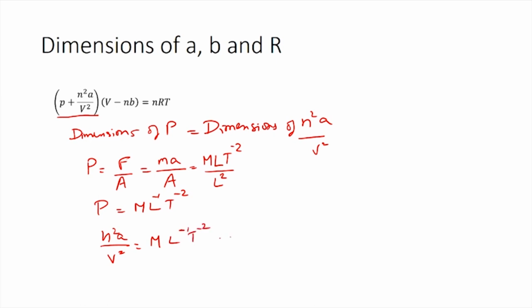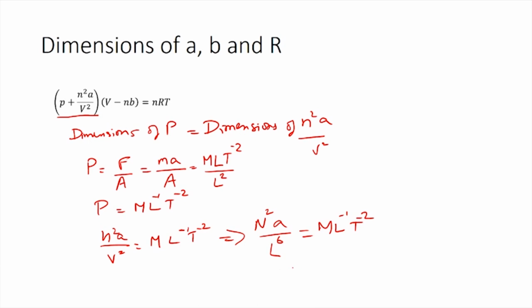V being volume, we know that the dimensions of the denominator here would be L power 6, which is L cube squared. n squared is basically the square of the amount of substance. So, if we have N as the dimension for amount of substance, it will be N squared times A equals M L minus 1 T minus 2.